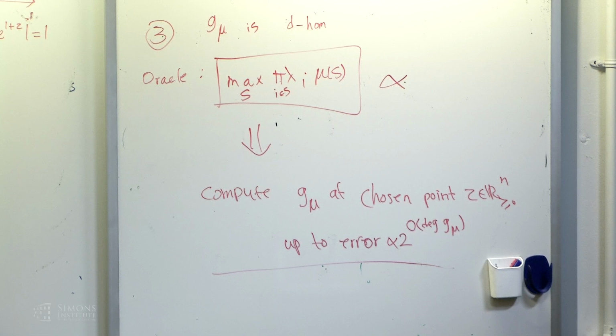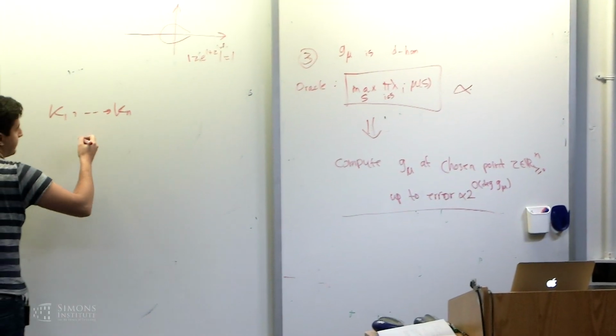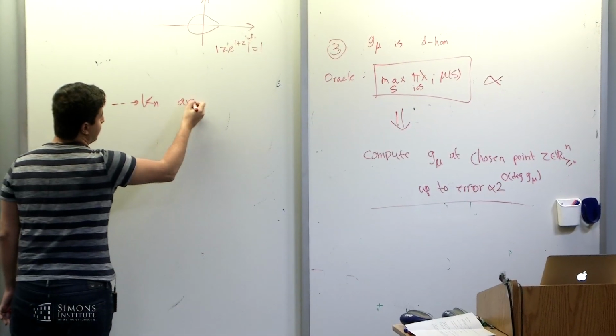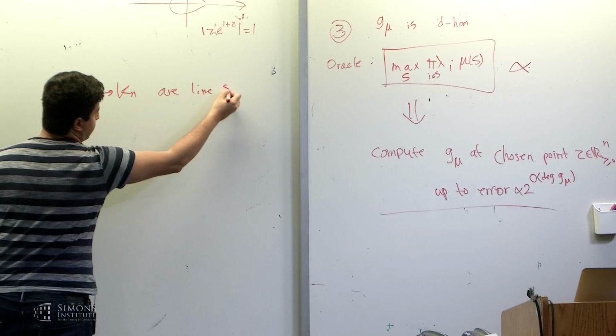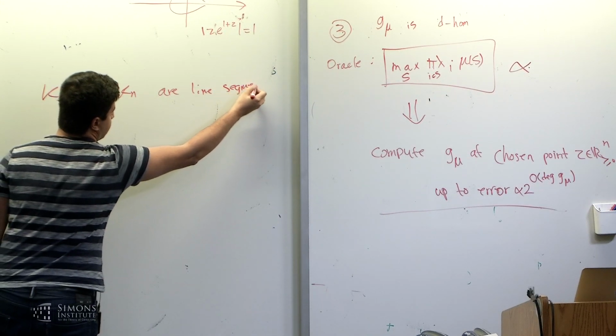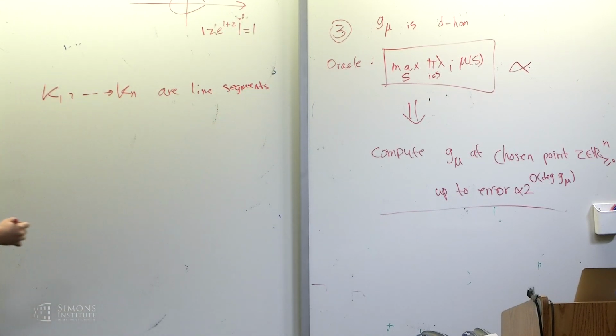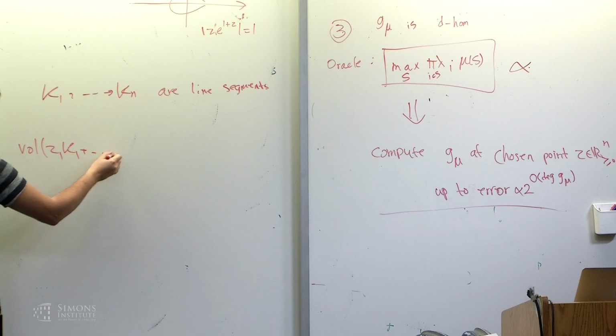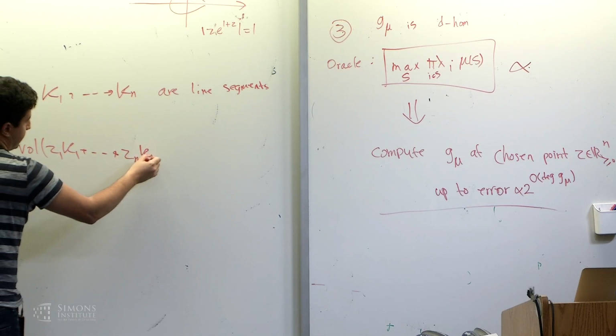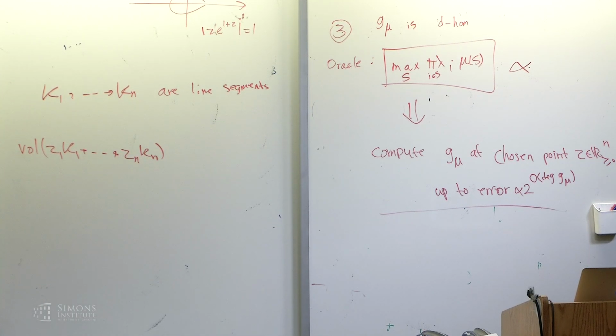So let's say that you have a bunch of convex sets, and these are all, for now, line segments. Then the volume of Z1 K1 up to Zn Kn is a completely log-concave polynomial, and you can expand it out.